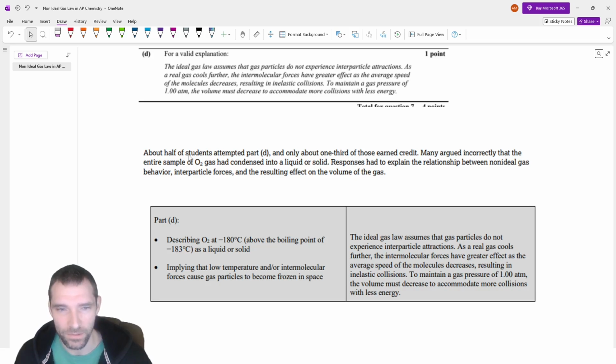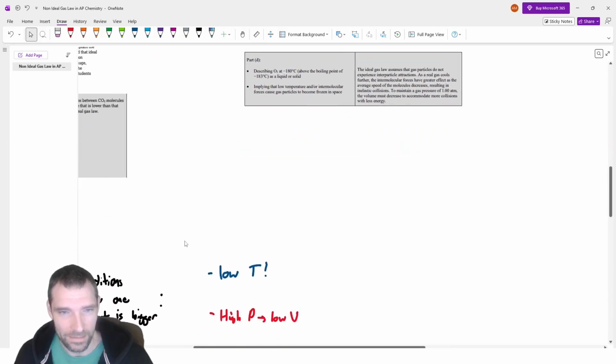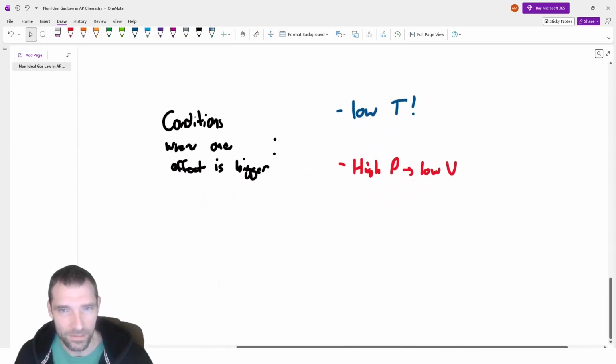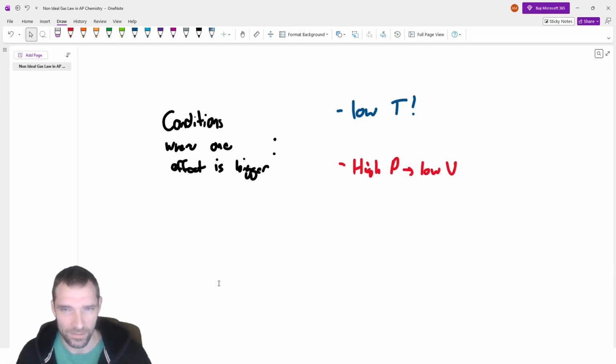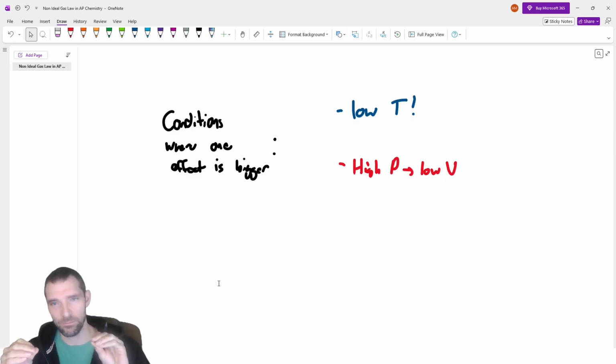If you were to describe what's going on, the main idea here is that some conditions are going to cause the attractive forces to be significant. So at lower temperatures, those attractive forces are significant. Things are moving a little bit slower, and they're going to have more time passing by each other, so they're going to get sucked in.